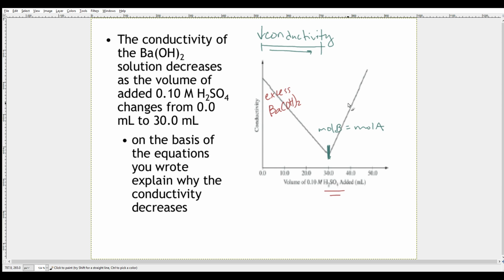It's like overkill. And so on the other side of things, now we have excess sulfuric acid, and we know that is strong, and so it splits into ions, and so this now is allowing us to conduct electricity. And that's how you can use conductivity charts in a similar way to how you would use a titration graph.